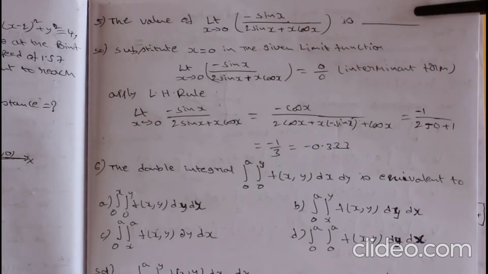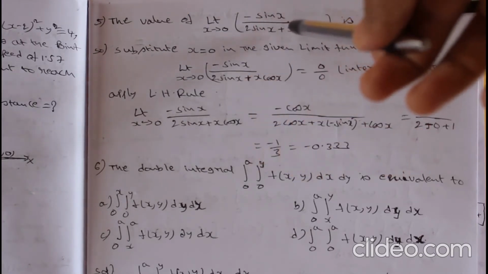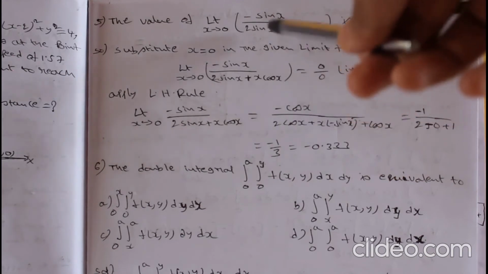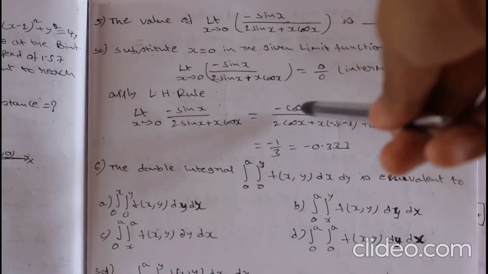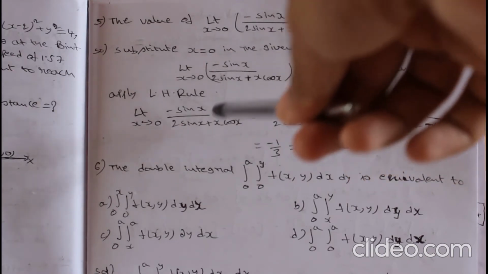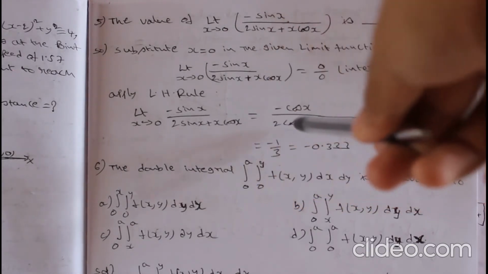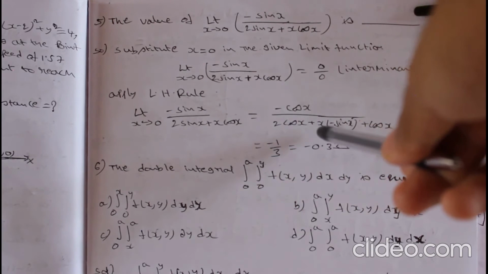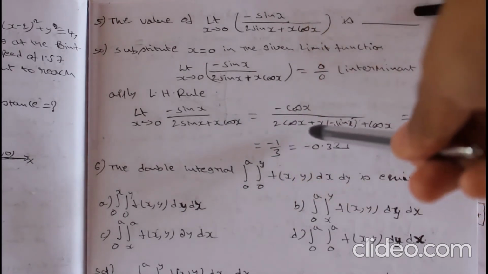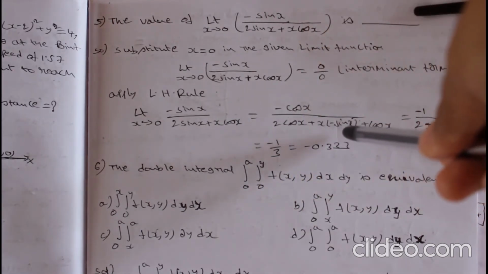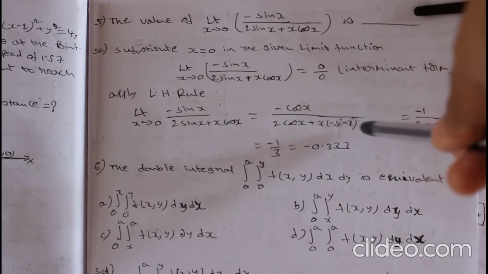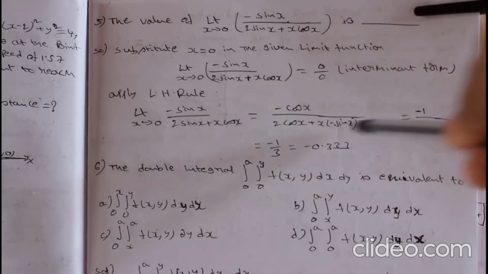Now apply L'Hospital's rule. Differentiate the numerator: d by dx of minus sin x is minus cos x, divided by d by dx of 2 sin x plus x cos x, which is 2 cos x plus x times the derivative of cos x, minus sin x, plus cos x times d by dx of x, which is 1.